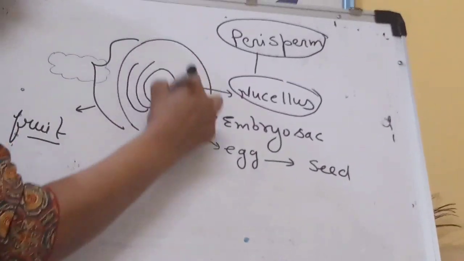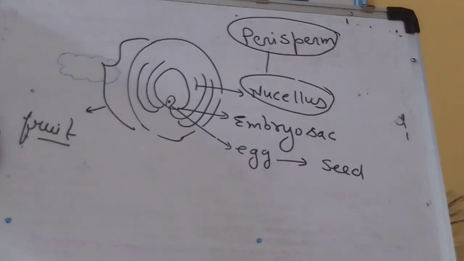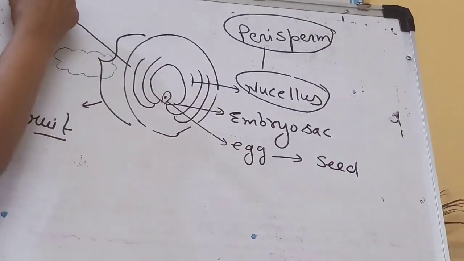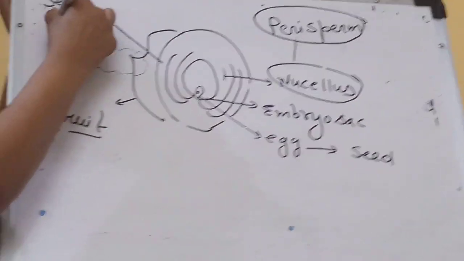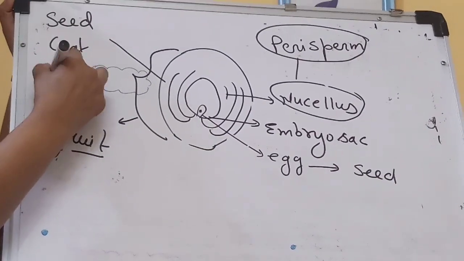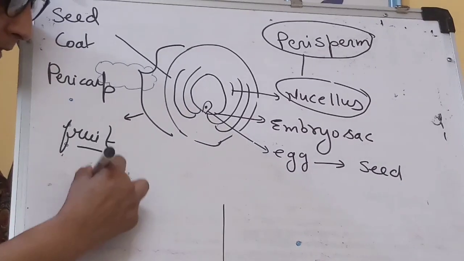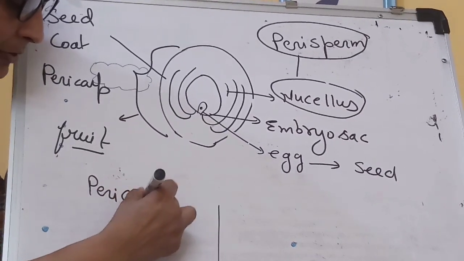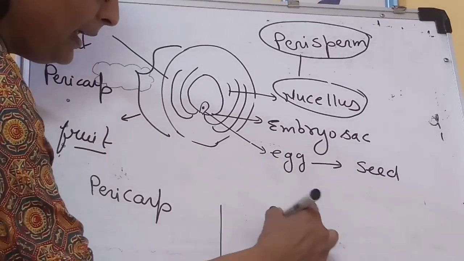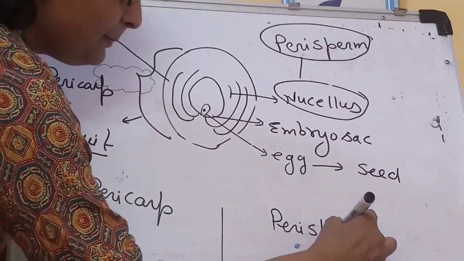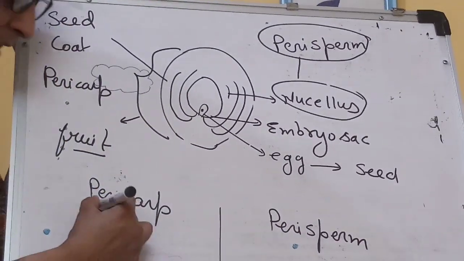There is an integument covering the embryo sac. This integument makes the seed coat. There is a 2 marks question: pericarp and perisperm, what is the difference?